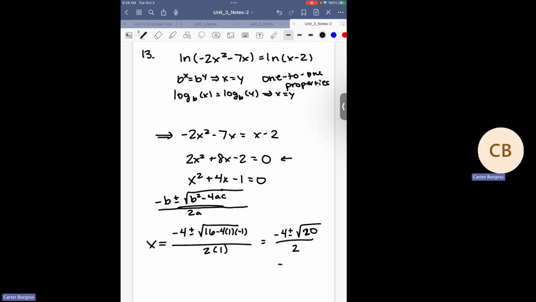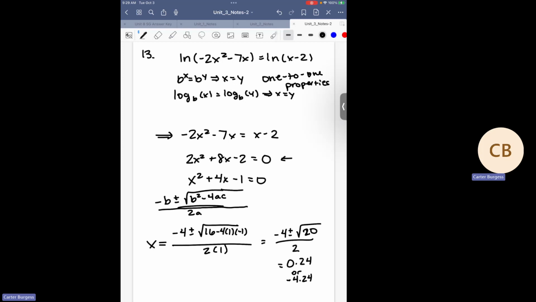I get that this is either 0.24 or that this is -4.24. Makes a lot of sense. All right, am I done?